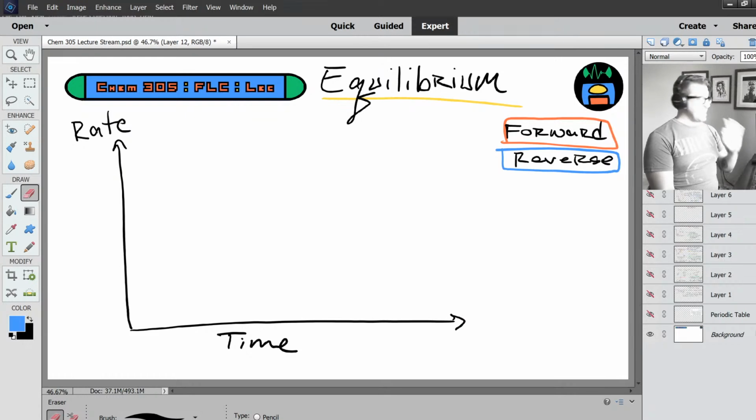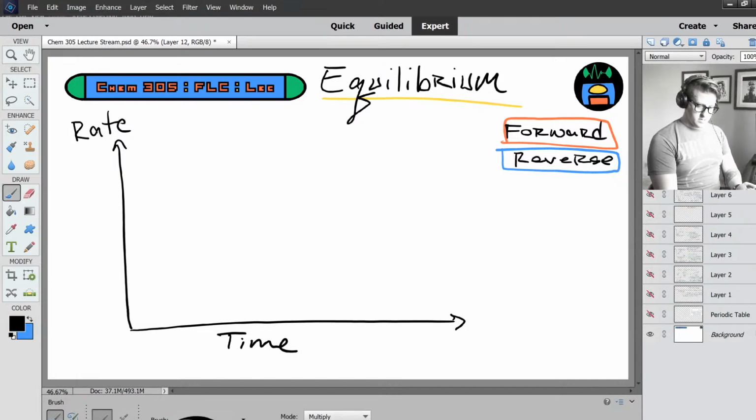So at the start of this reaction, H2 and I2 react to make HI.